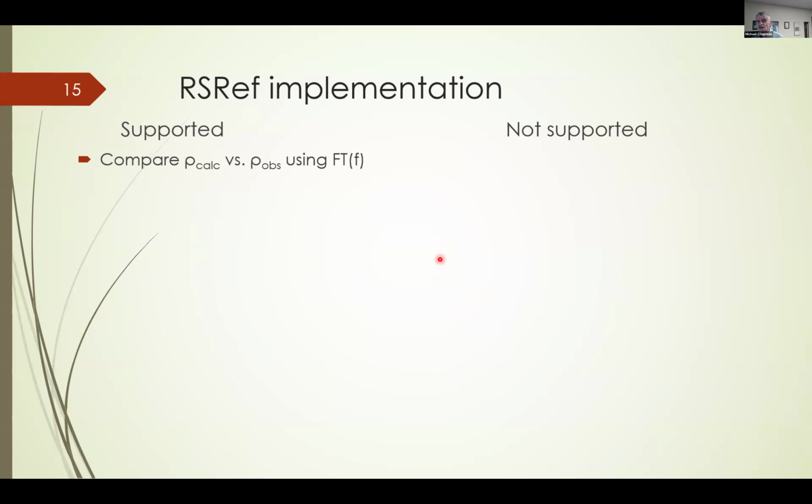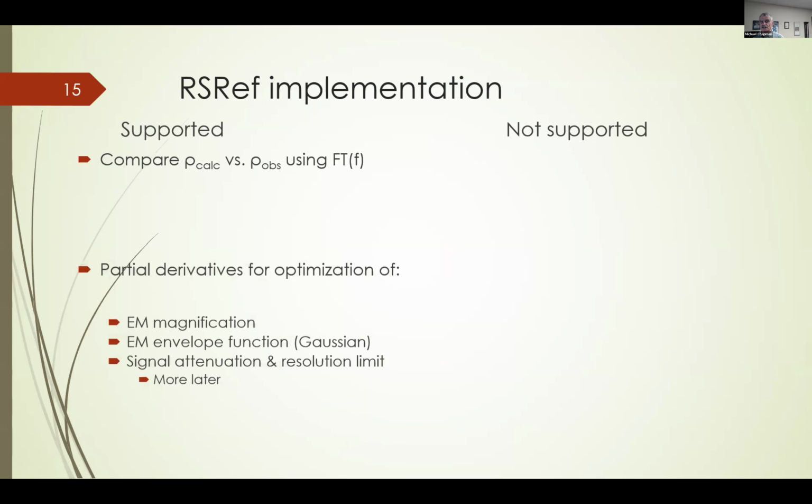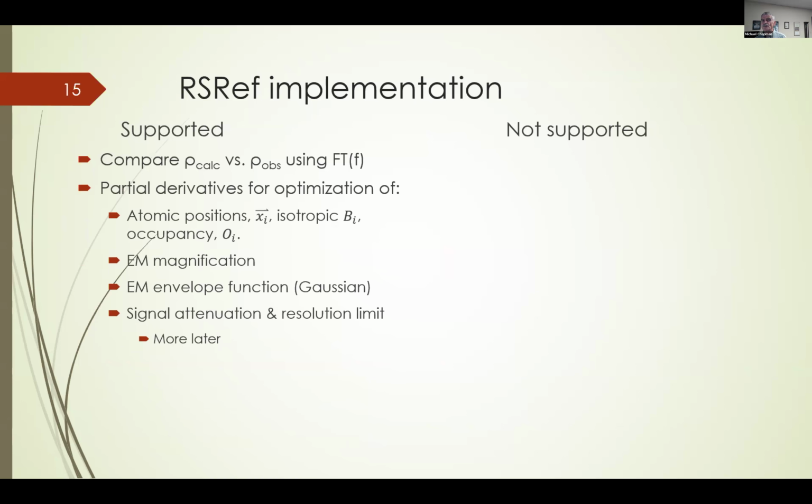So what does our code do? We compare calculated and observed density, where the calculated density is coming from Fourier transform of scattering factors. We compute partial derivatives that we're then using for optimization of atomic positions, isotropic B factors, occupancies.